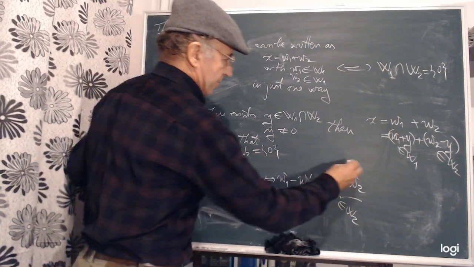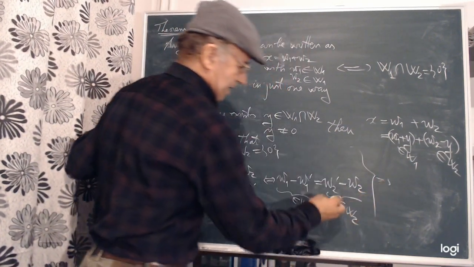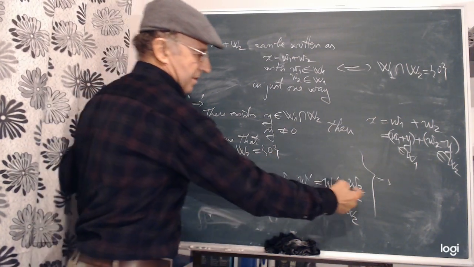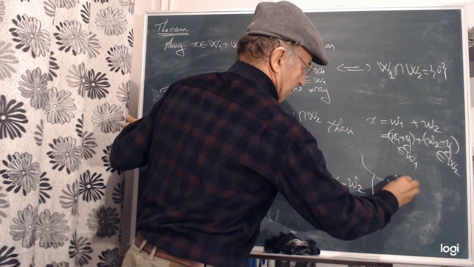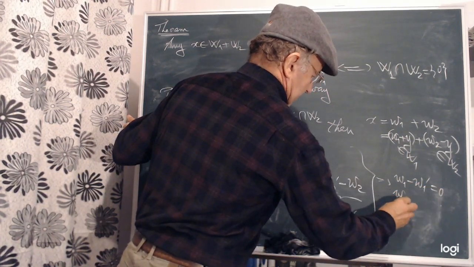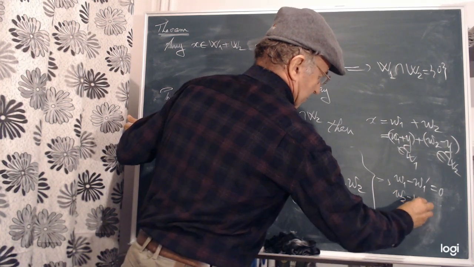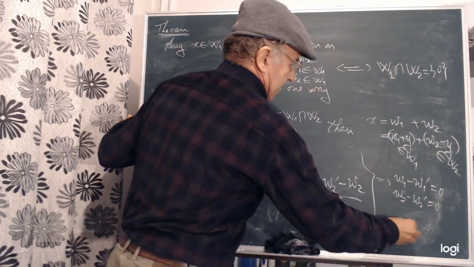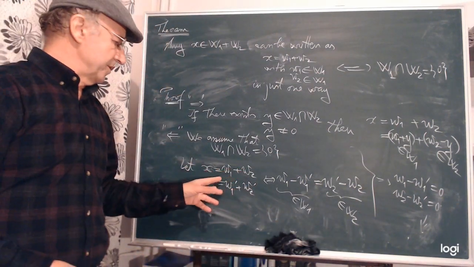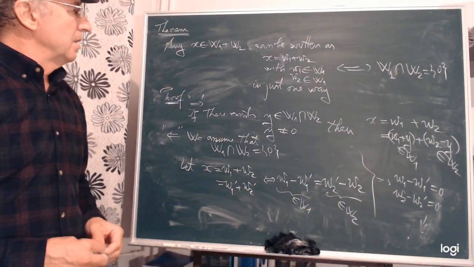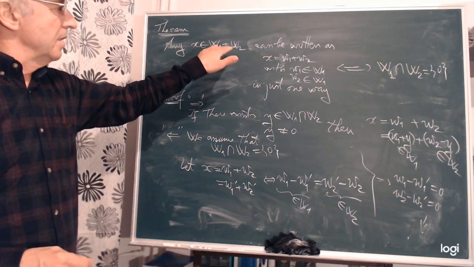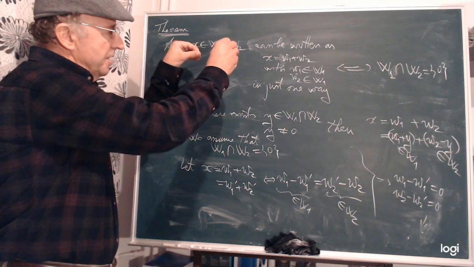If we also consider this relation, we get that this must be the null vector. So we get w1 minus w1 prime is 0, and w2 minus w2 prime also is 0. So we get that such a decomposition is unique. Each vector from the sum can be decomposed in just one way.